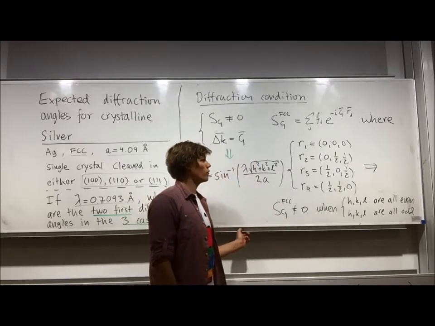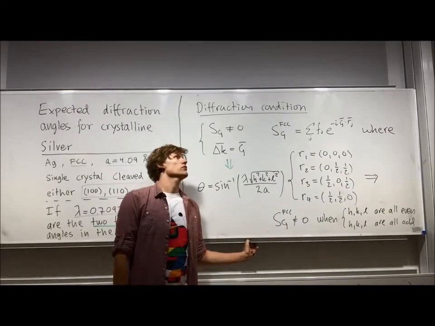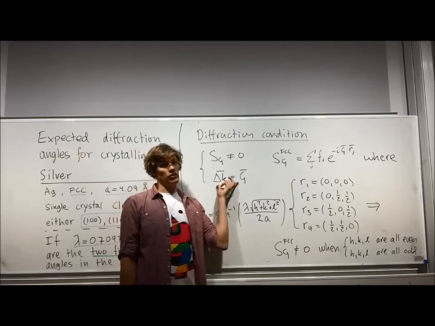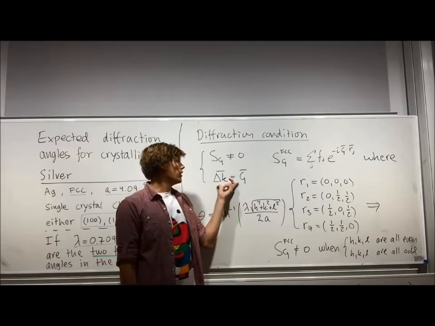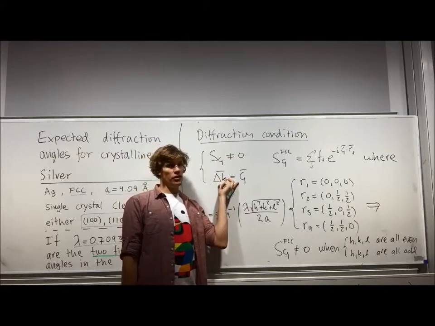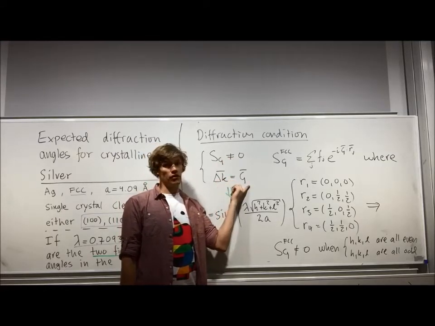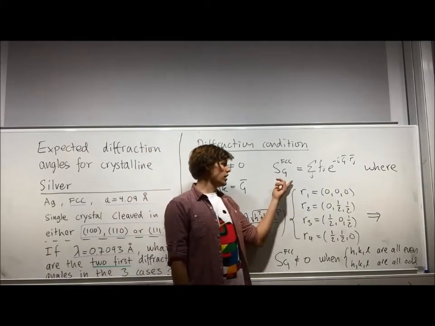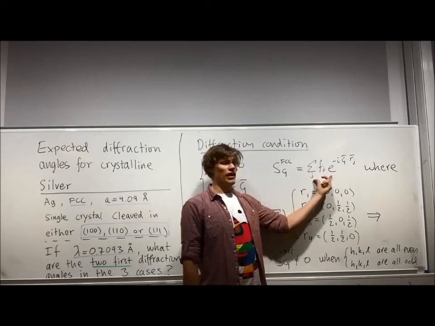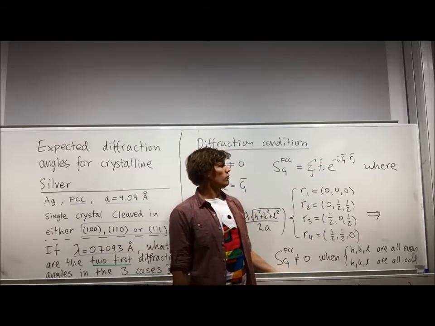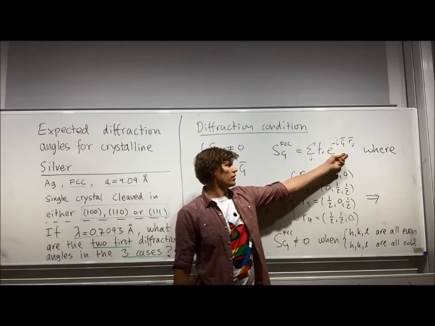And in order to do that, we first calculate the structure factor for FCC, or basically we'll put down the diffraction conditions first. That the structure factor is non-zero, and that the change in wave vector is equal to a reciprocal lattice vector of the crystal. And we can do that by summing over the form factors for individual atoms in the cell and multiplying that with this phase factor here.